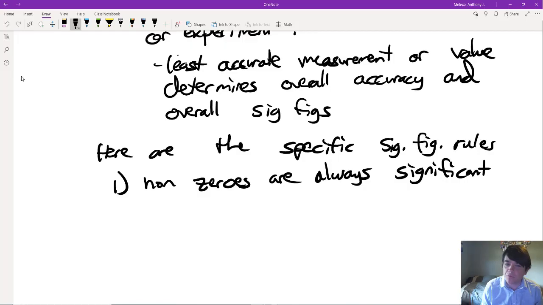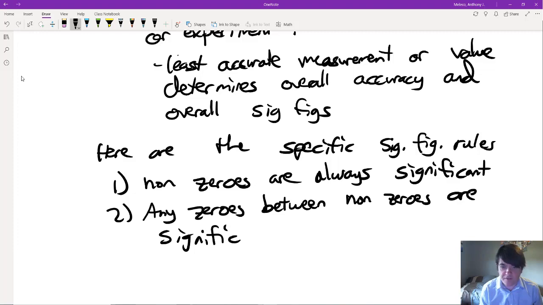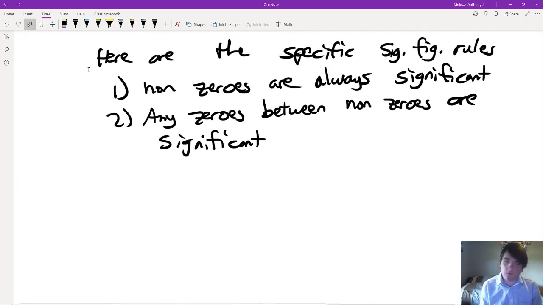Okay, and we'll do examples with these sig figs so you know what's up. Any zeros between non-zeros are significant. Okay, so 1,001, because it's between those two, that would make those significant.